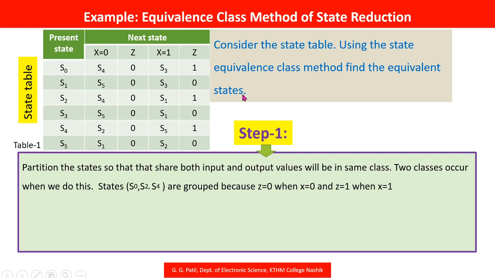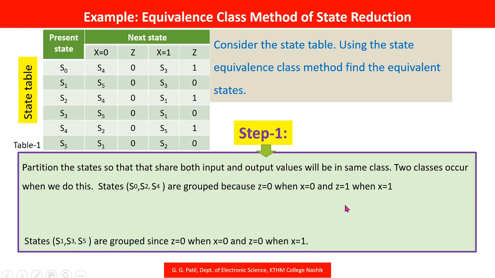If we consider state S1, output is here 1 and here is 0, so we cannot take S1. So the very first thing is to focus on the output column for the states having the same output. Here for states S0, S2 and S4, the output under x equals 0 is 0, 0, 0, and under x equals 1 it is 1, 1, 1. So these states are grouped together.